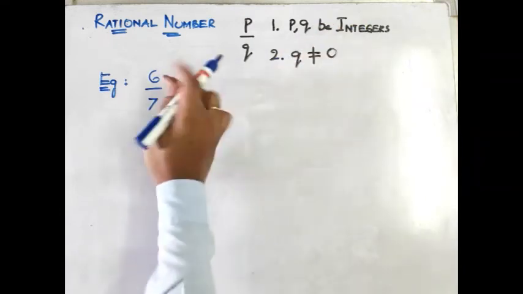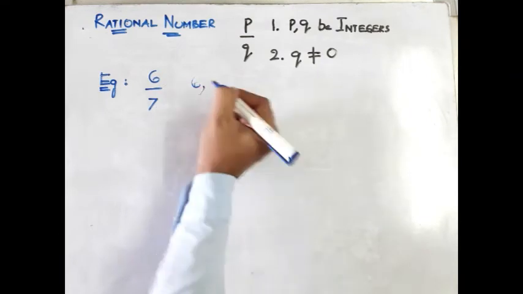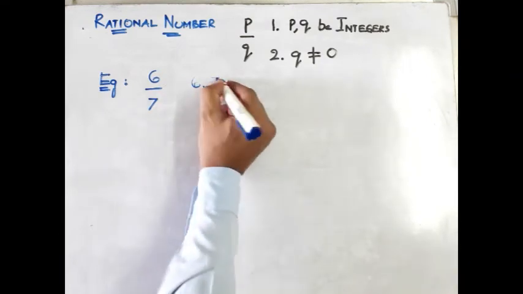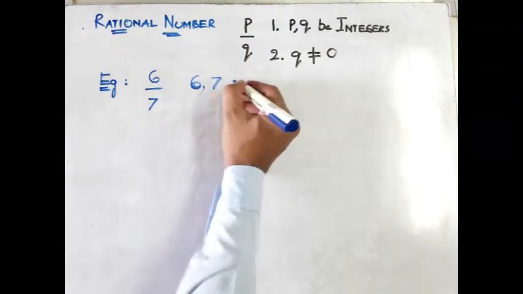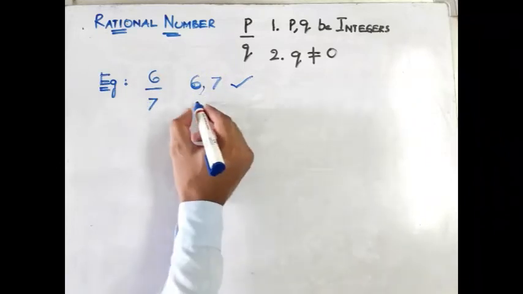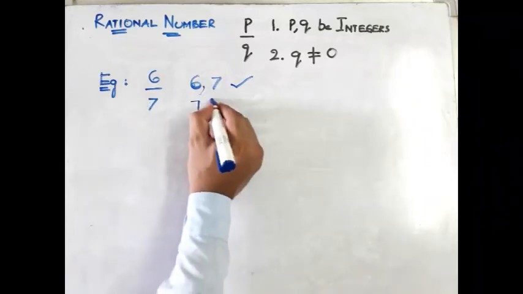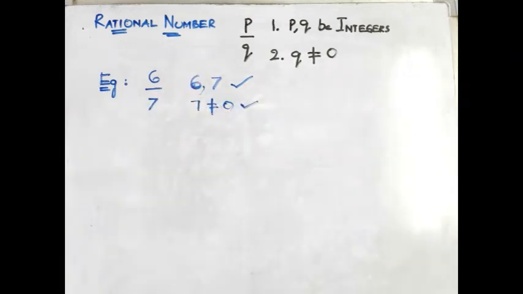What's the value of p here? 6. And the value of q is 7. It's very clear that both 6 and 7 are integers, and q, 7, is not equal to 0. Hence we can say that 6 by 7 is a rational number.